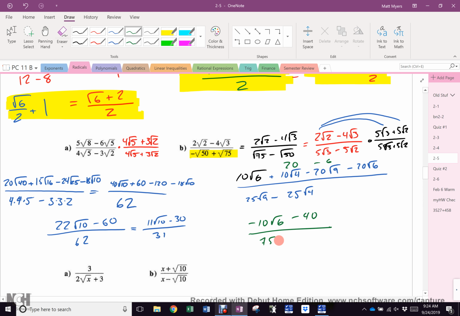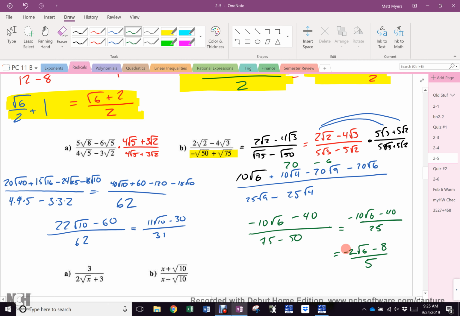Minus 25 times 2 is 50. And then negative 10 root 6 minus 40 over 25. What goes into 10, 25, and 40? 5. Negative 2 root 6 minus 8 over 5.